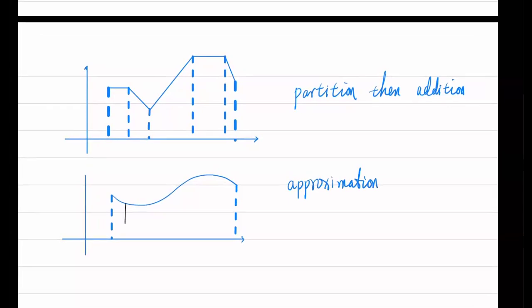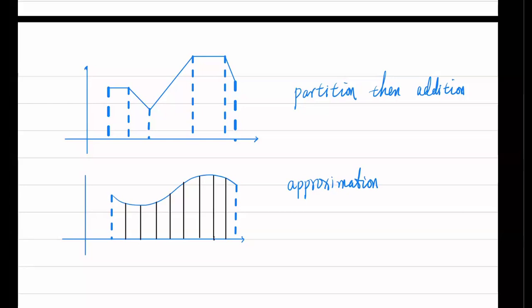Let's make some partitions. For each of these, we approximate. There are different ways to do this approximation.